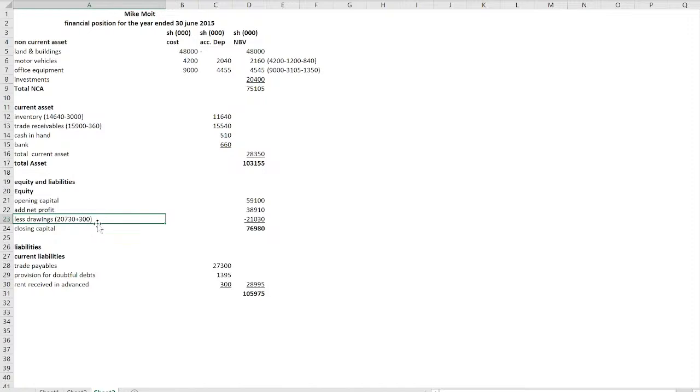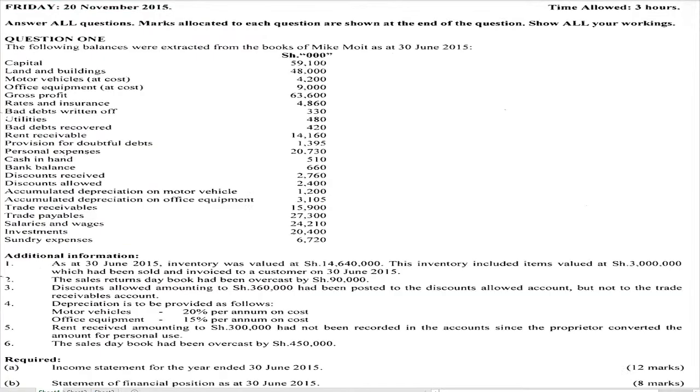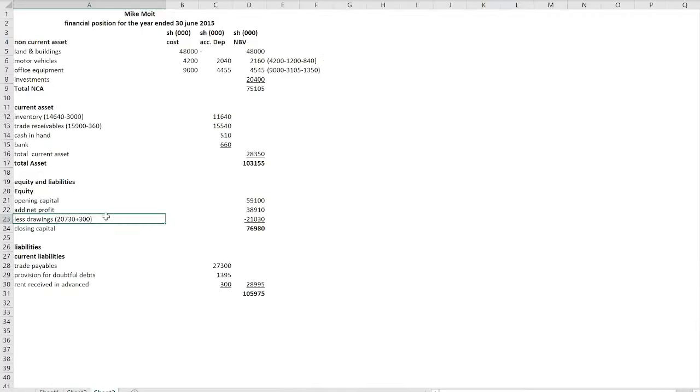So you are going to add that, so that you get 21,030 shillings. The 3,000 that we have been told, the rent received amounted to 3,000. So he utilized the 3,000. So we are going to add that, so that we get a closing capital of 76,980.